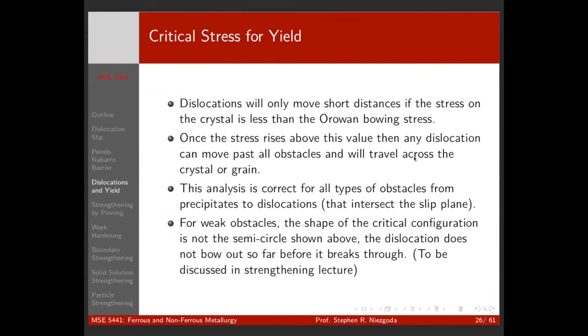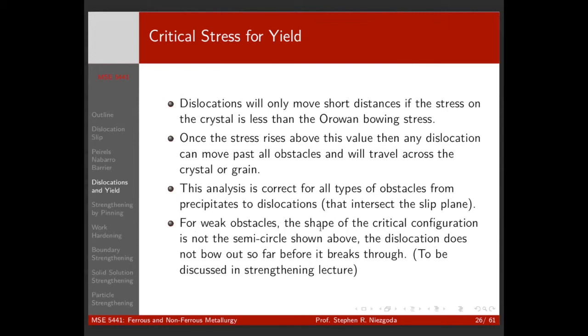Dislocations interact with obstacles. If we can rise above the Orowan-Bowing stress or the cutting strength of the material, let's just talk about the Bowing stress, the dislocation can get past the obstacle and travel across the grain. We can think about this in terms of the obstacles being precipitates or other dislocations.